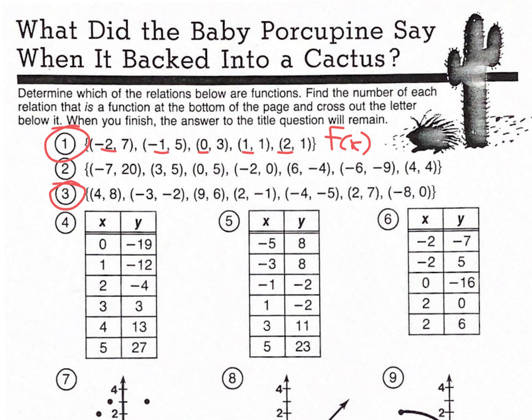There was a repeat of an X, and then it gives a different answer. Put a little box around the 2 comma -1 and the 2 comma 7. Do you get that that's the same input but a different output? So that one is not a function.